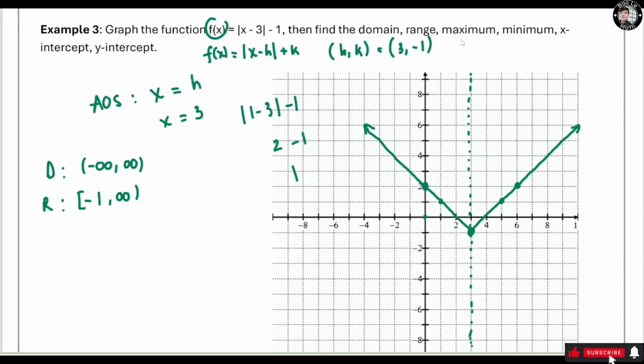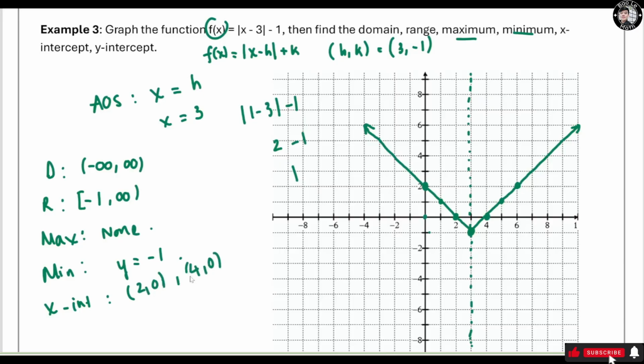Now, the maximum, there is no maximum, right? The minimum, y equals negative 1, right? X-intercept, y-intercept is going to be right here.